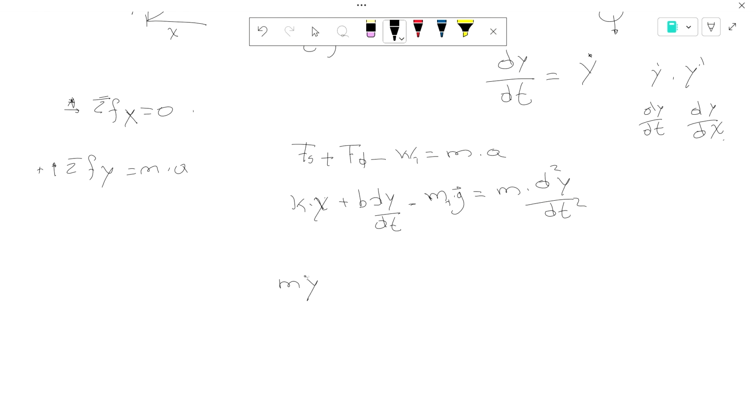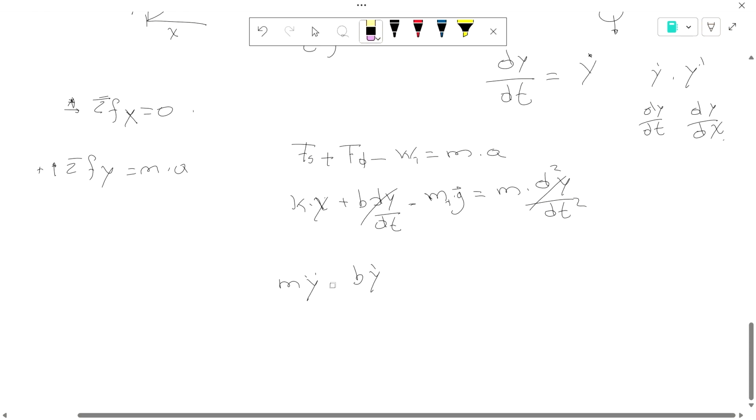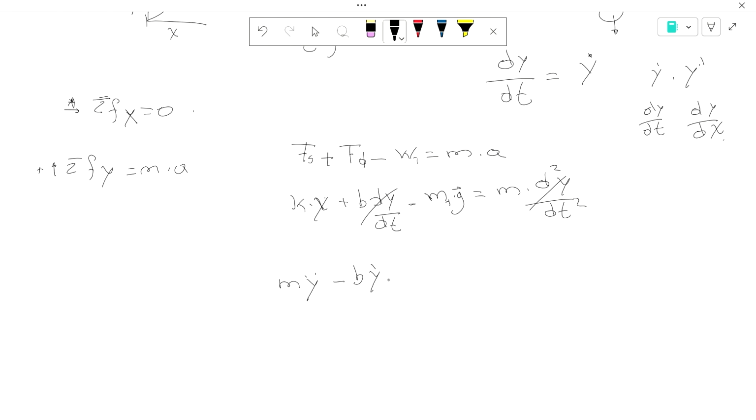So m y double dot plus b y dot, minus, remember that we have to take that to the other side, minus b y dot minus k times y, which is just the spring, is equal to minus mass times gravity.